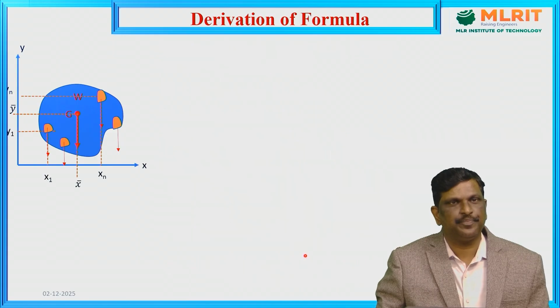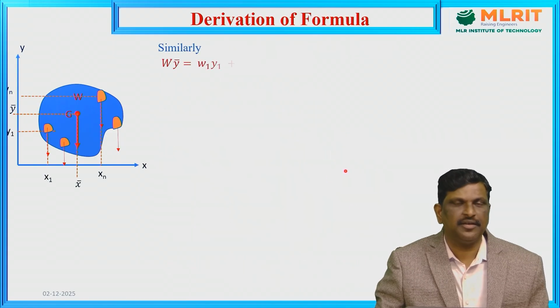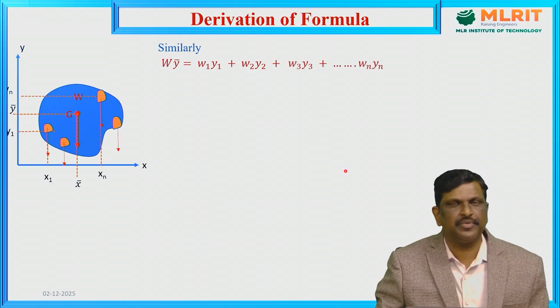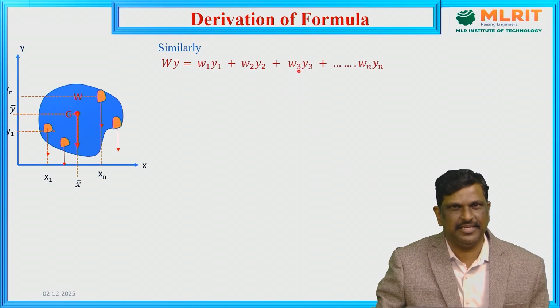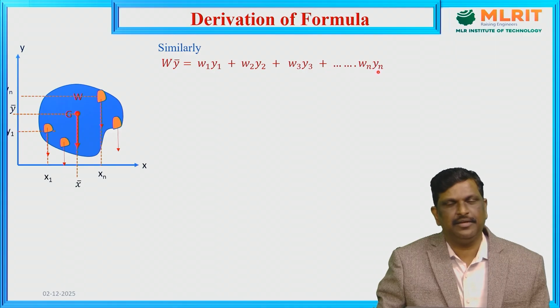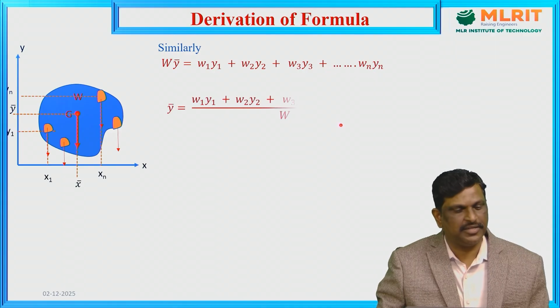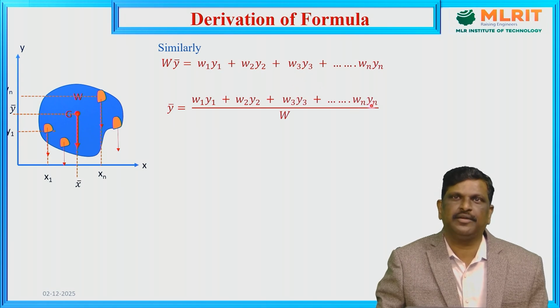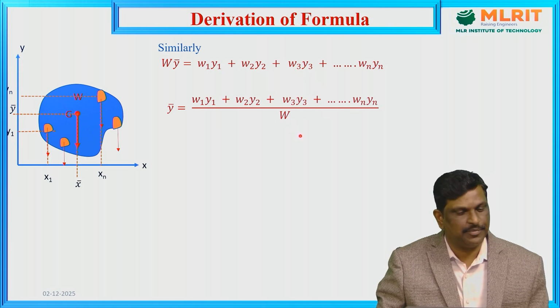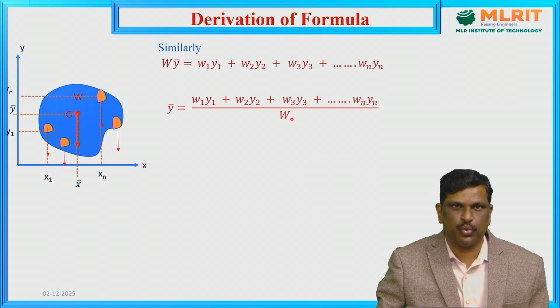Now similarly, W y bar is equal to W1 y1 plus W2 y2 plus W3 y3 and so on Wn yn. Y bar is equal to W1 y1 plus W2 y2 plus W3 y3 plus and so on Wn yn divided by capital W, which is the total weight.